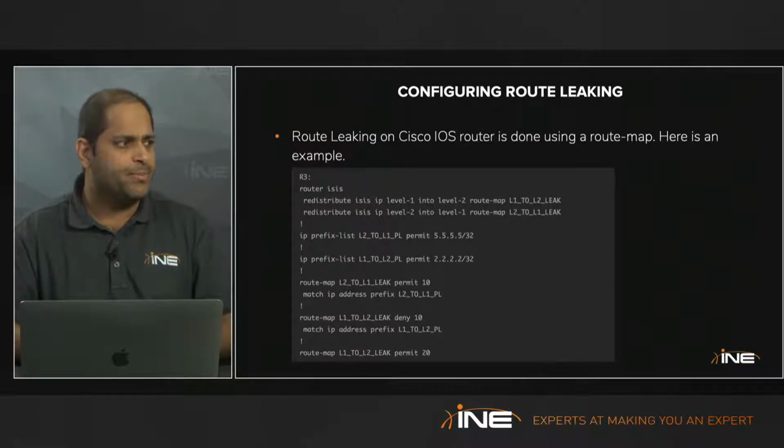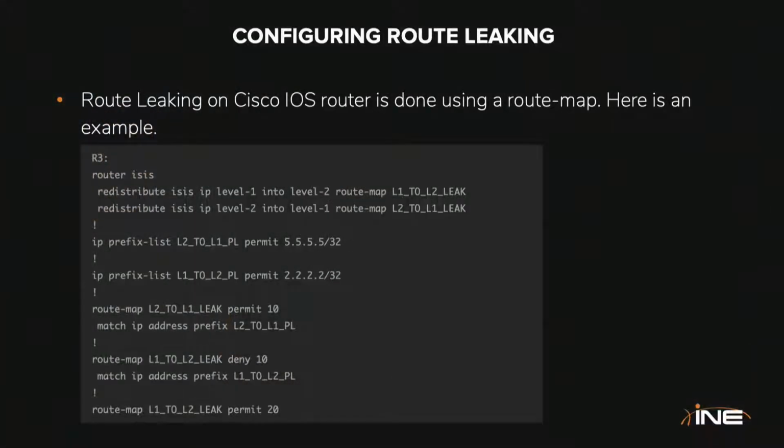So if you look at this example, I have route leaking configured on a Cisco IOS router using a route map. So obviously on IOS XE, we would do route maps, and on IOS XR, we would use routing policy language, which is RPL. So here I'm actually leaking some routes from level 1 into level 2.